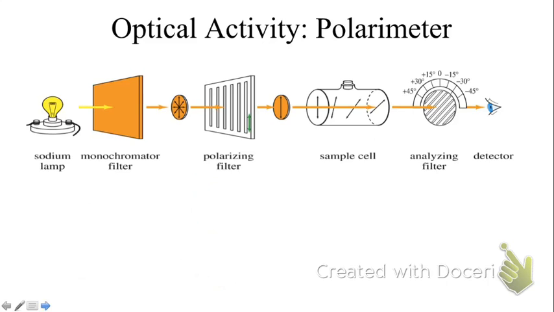And what ends up happening in that case is we've noticed that a chiral molecule interacts with light differently, or two chiral molecules, or an R and an S stereocenter interact with light differently than each other.